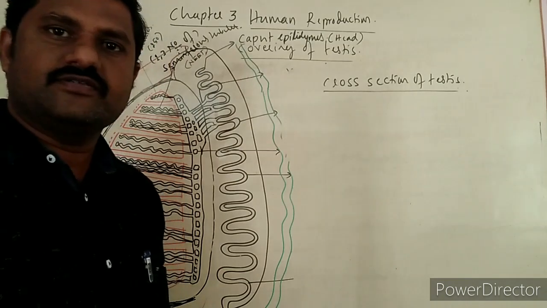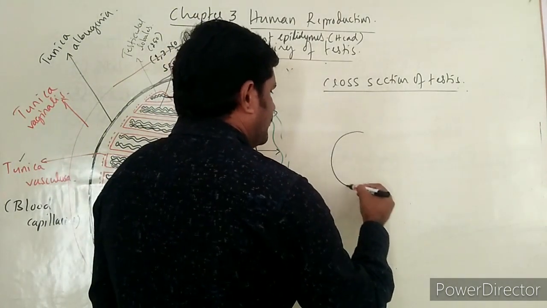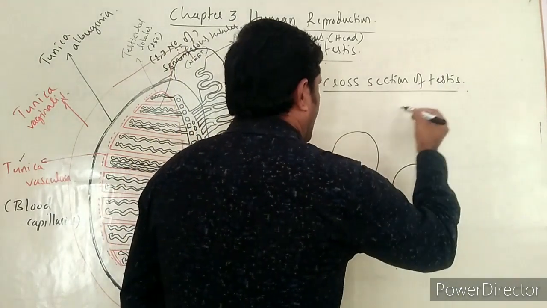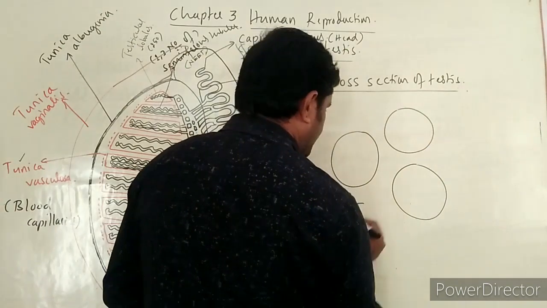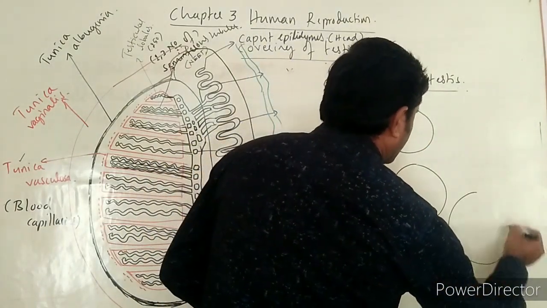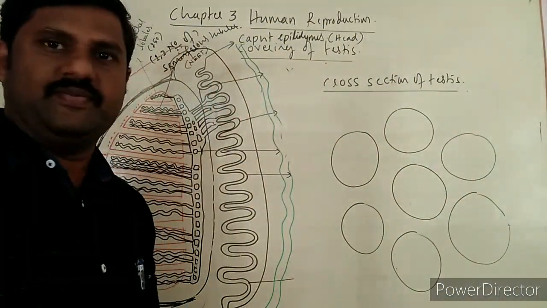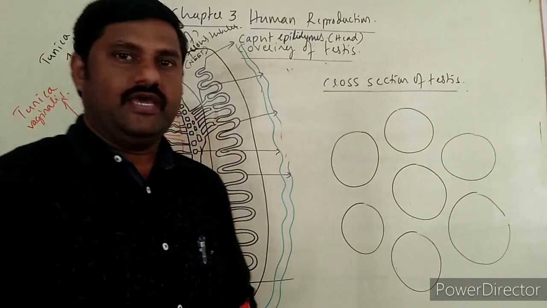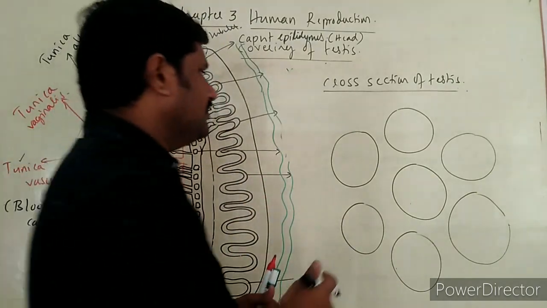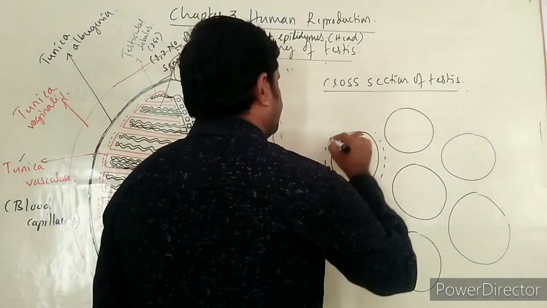Whenever you observe the cross section of the testis, you will find many small tubular structures, and those many small tubular structures are said to be seminiferous tubules. What are these named as? Seminiferous tubules. And all these seminiferous tubules are bounded with the help of connective tissue.